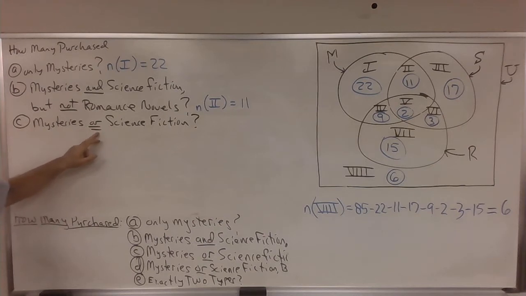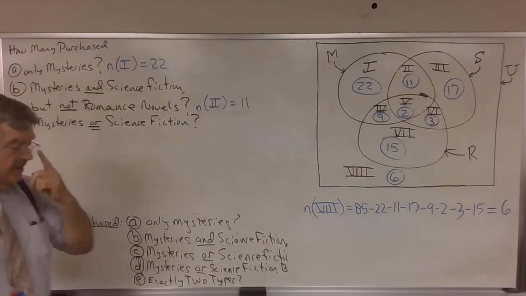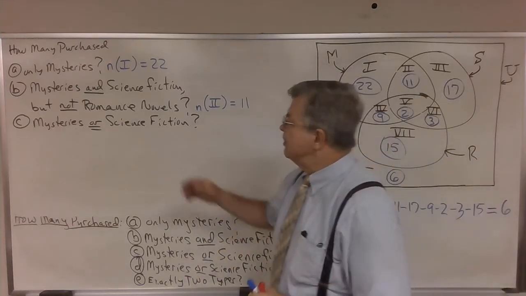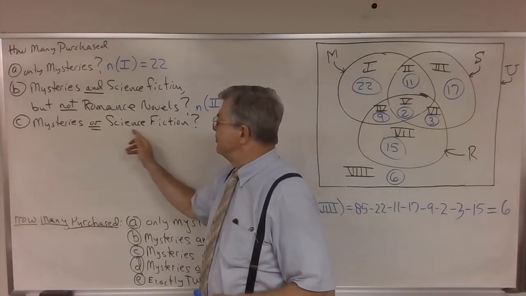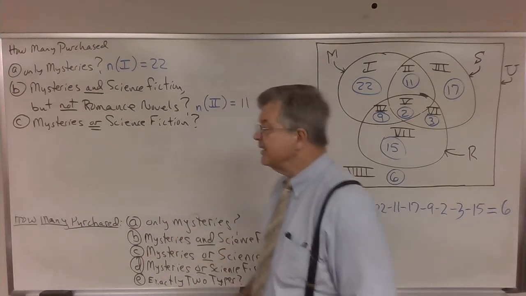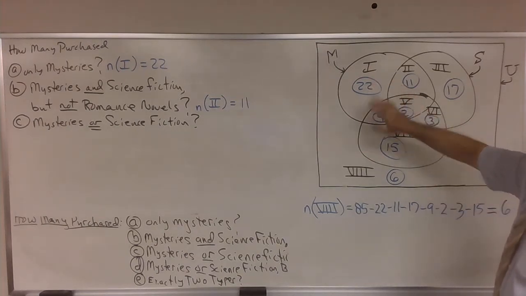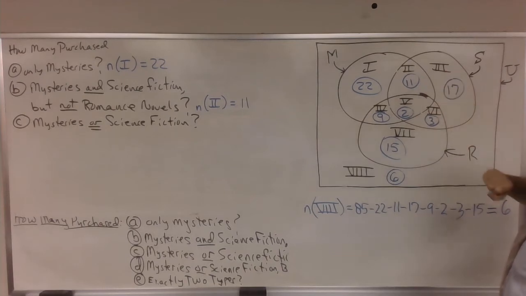So we're talking about either mysteries or science fiction or both. That's what or means. So we're talking about the union of mysteries and science fiction. Anything and everything that's either in the mystery circle, the science fiction circle, or both.